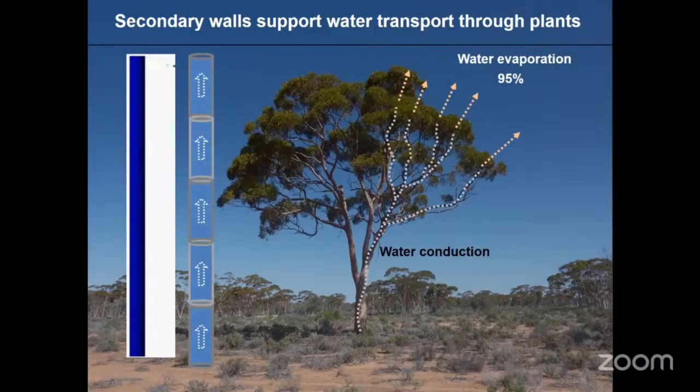But then you have this water that is conducted through this system, and you can probably appreciate that it's just cells that are aligned with each other and are actually dead cells that then conduct this water up to the aerial parts of the plant. So this, of course, needs to be quite strong, because you can imagine that this is almost like a straw in your soda, right? You suck on that straw, and you need to have a sturdy straw to actually support that.